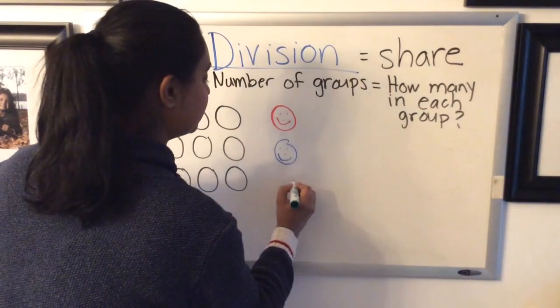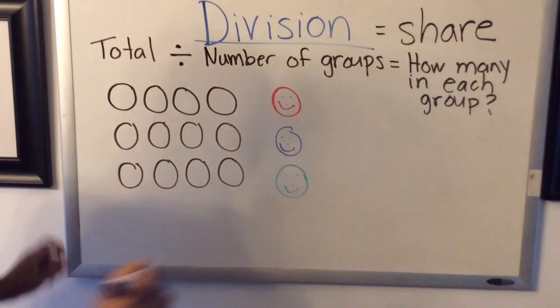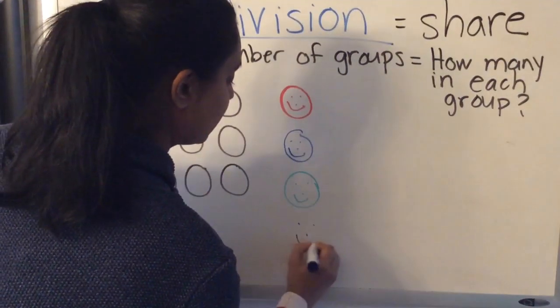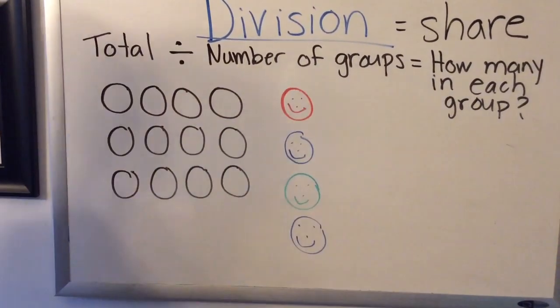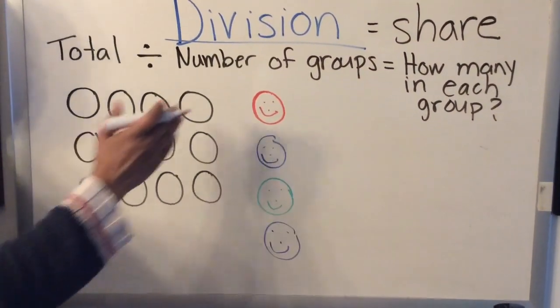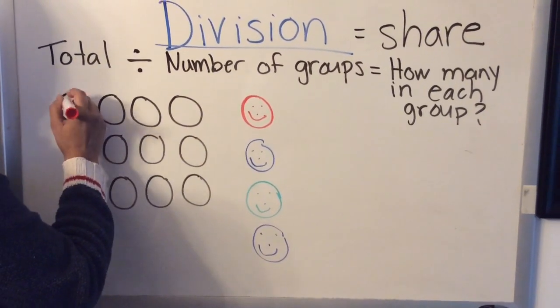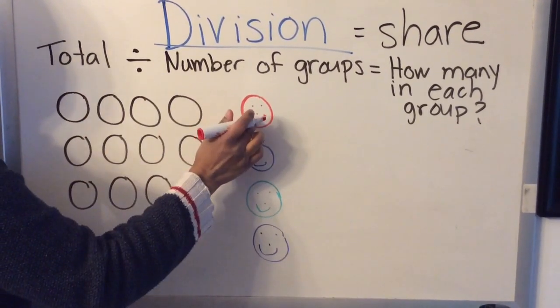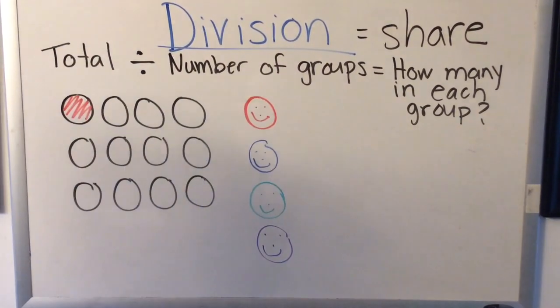Then we have this person being represented by green, and this person being represented by purple. And what I want to do to show the sharing in a question like this is I would be sharing one at a time. So watch what I'm doing here. So this red guy here, he's going to get this one. So 1 for the red.